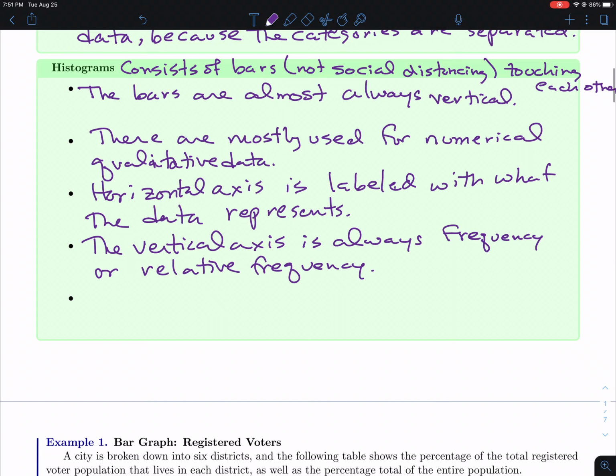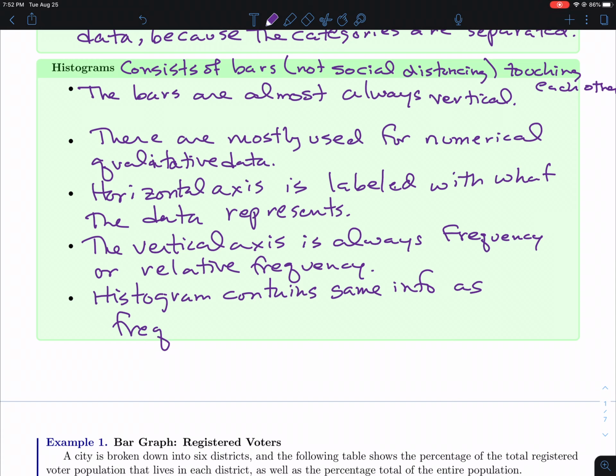So the histogram contains exactly the same information, it's just in graph form in that case.